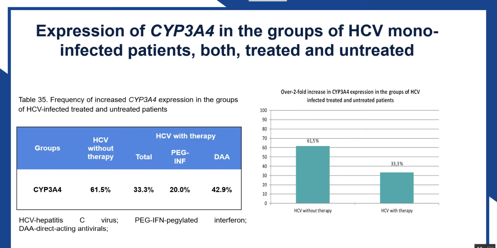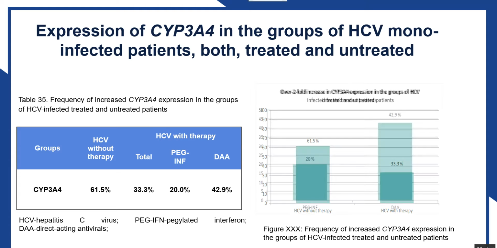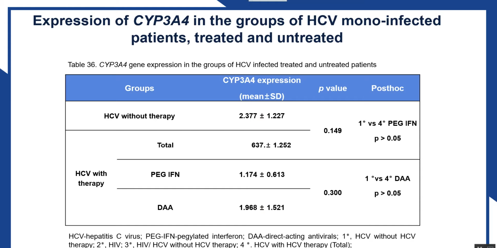Also, when the comparison was made in the group of HCV monoinfected patients, there was no significant correlation found between the treated or untreated patients. There was also no significant correlation found when the comparison was made between group of HCV treated patients, whether they were using pegylated interferon or DAA drugs.